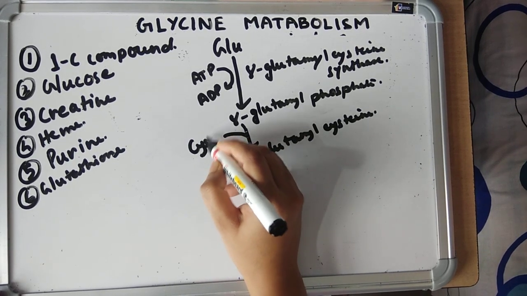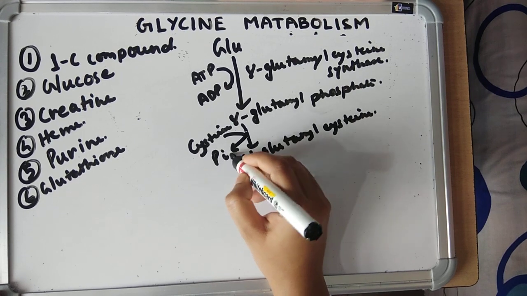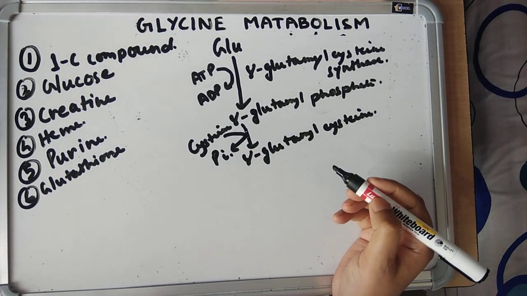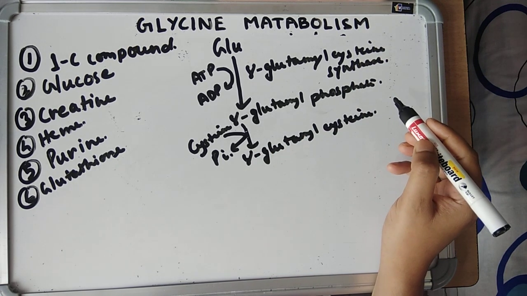Here the cysteine binds and the phosphate is released. So it is a two-step process. There is intermediate formation of gamma glutamyl phosphate.